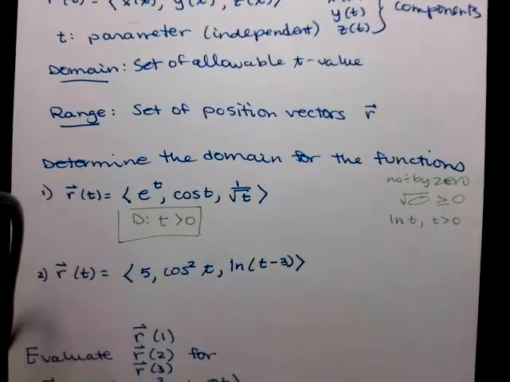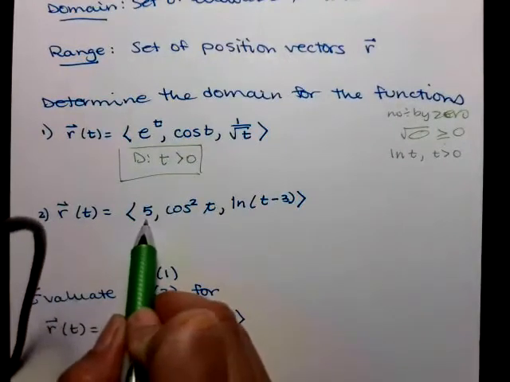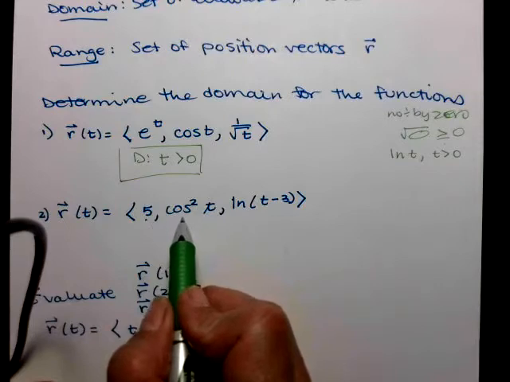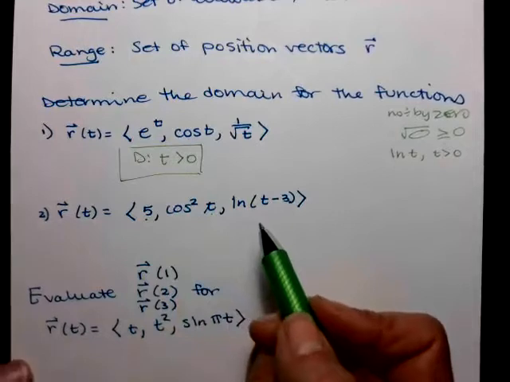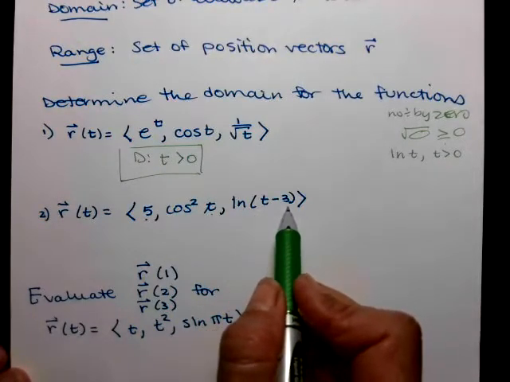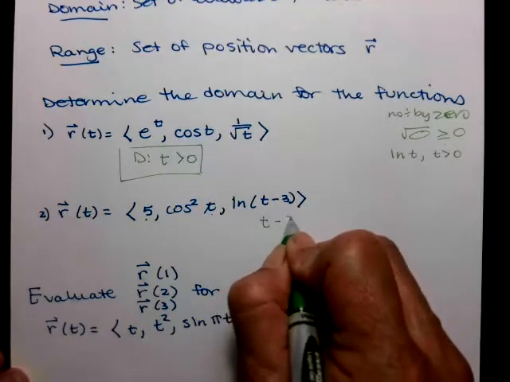Okay. So for the second one, r of t, my x component is the constant 5. That doesn't have any restrictions. The y component, cosine squared t, again, take the cosine of anything, square it, that's fine as well. That last one, now I have the natural log of t minus 3. You can only take the natural log of values that are greater than 0.